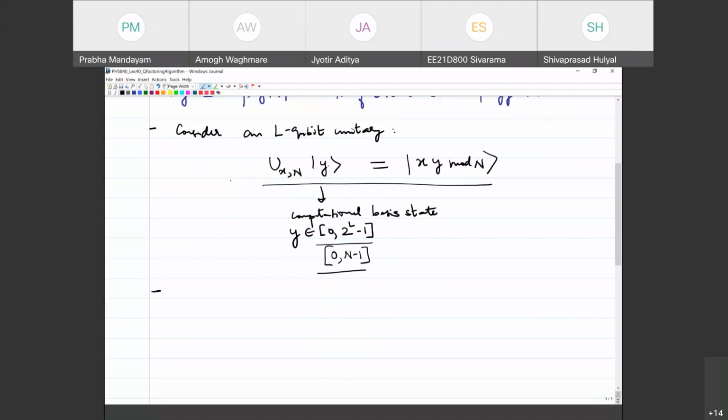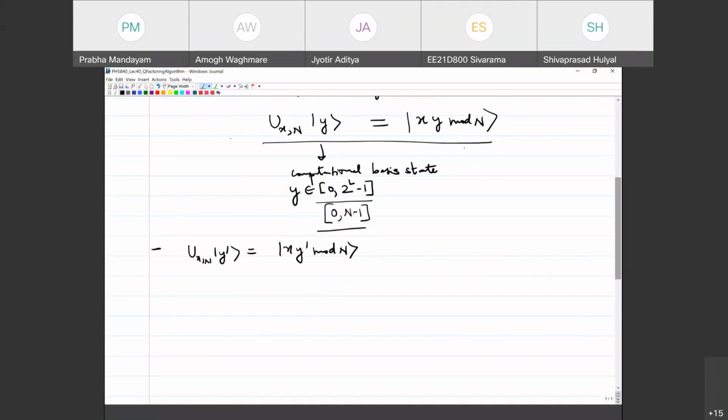Suppose U_xn acting on y gives xy mod n, and acting on y prime gives xy prime mod n. The first thing I want to show you is that these two are distinct. So its action on distinct computational basis states is distinct.